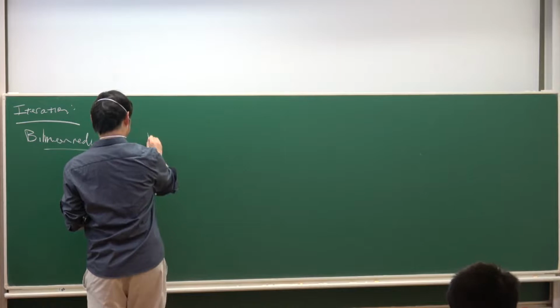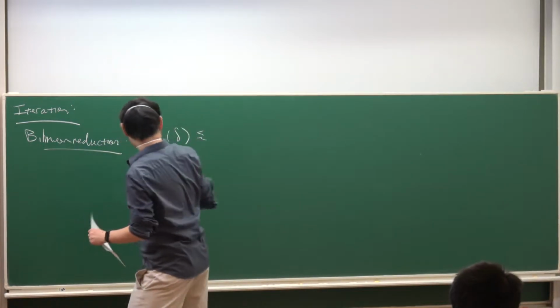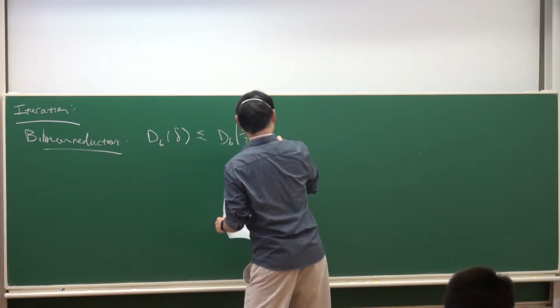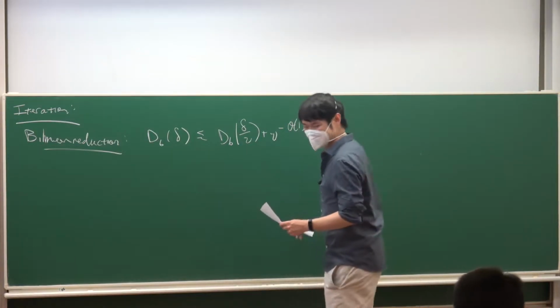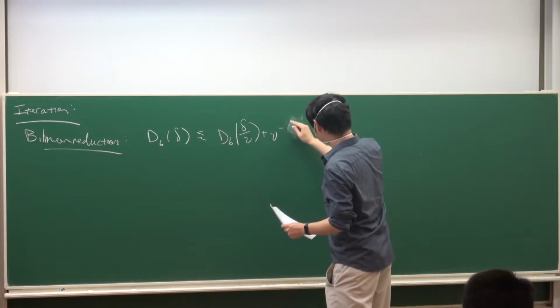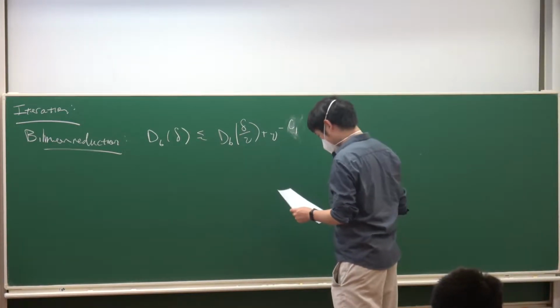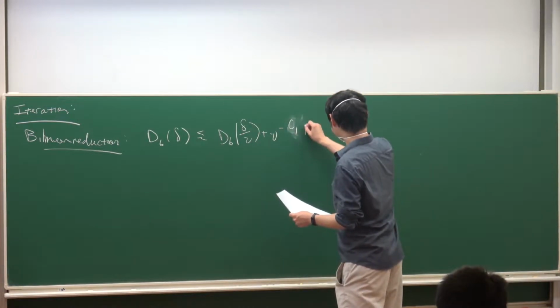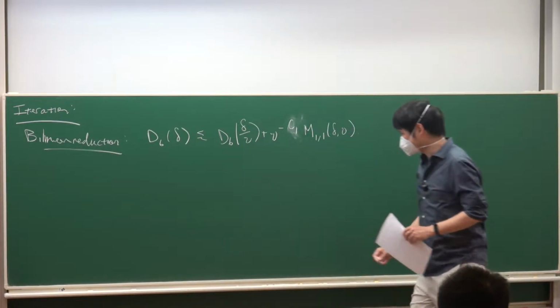It said that D6 of delta is at most delta over nu plus nu to the bounded. So initially I wrote big O of 1. Today I'm going to write it as just some constant C1. You can take it to be like 1,000,000. Or if you go through the proof carefully, you'll see what it is. M11 delta nu.